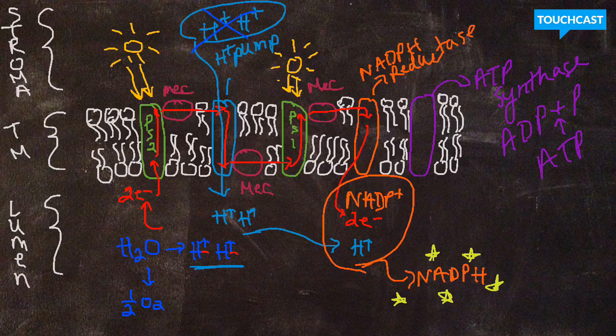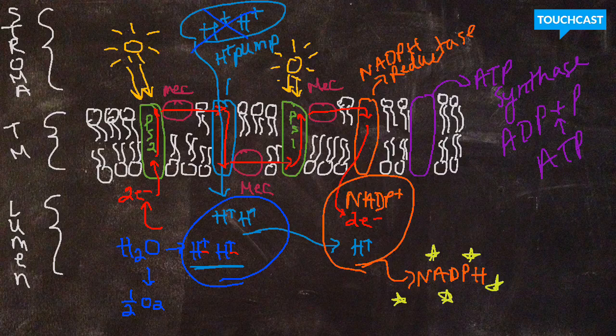Well, we talked about how we were pumping all of these extra hydrogens down into the lumen, and remember that causes a concentration gradient. We have a lot of potential energy stored in the lumen now because these molecules want to go back down the concentration gradient. They want to go from here, where they are, to here in the stroma, where they are not. So we're going to go from the lumen into the stroma.